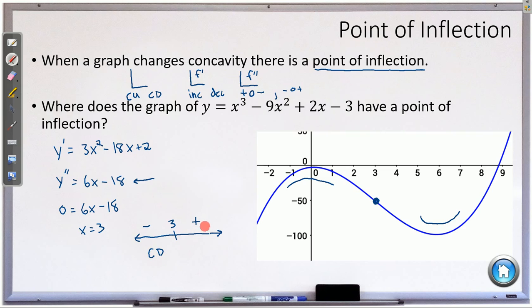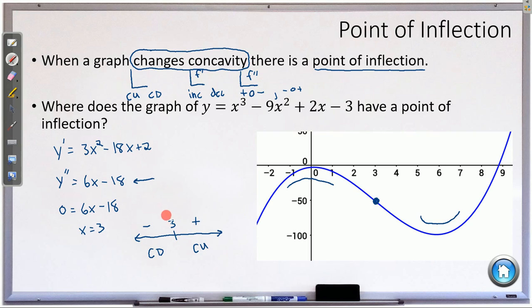And this positive is a positive for the second derivative. And if your second derivative is positive, that means your function is concave up. And we are changing concavity, concave down to concave up. We are, I've got it written right here, changing concavity.